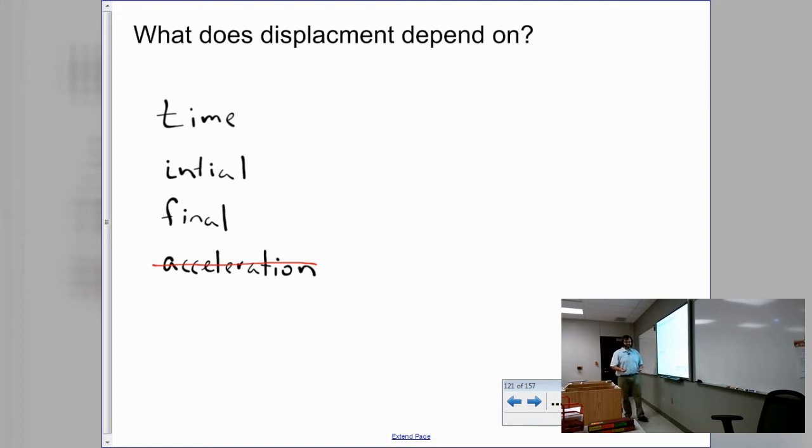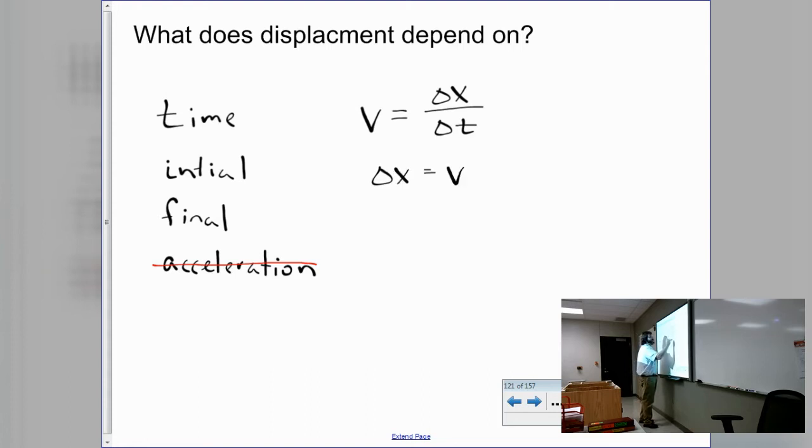The answer is yes. I want you to think about the equation for displacement, or more specifically, let's use the equation for velocity. Velocity is your displacement, your change in position, over your change in time. So if we rearrange that equation to solve for displacement, our displacement is equal to our velocity times our time. Now, we can only use this equation if it has a constant velocity.